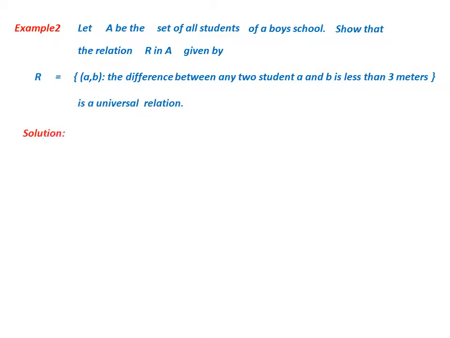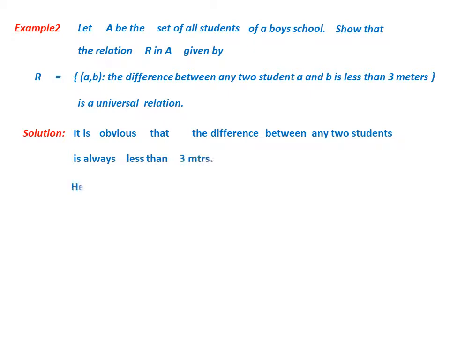Definitely it is a universal relation, and the reason is this. It is obvious because the difference between any two students' heights is always less than 3 meter. Hence R is the universal relation. So this is the idea.